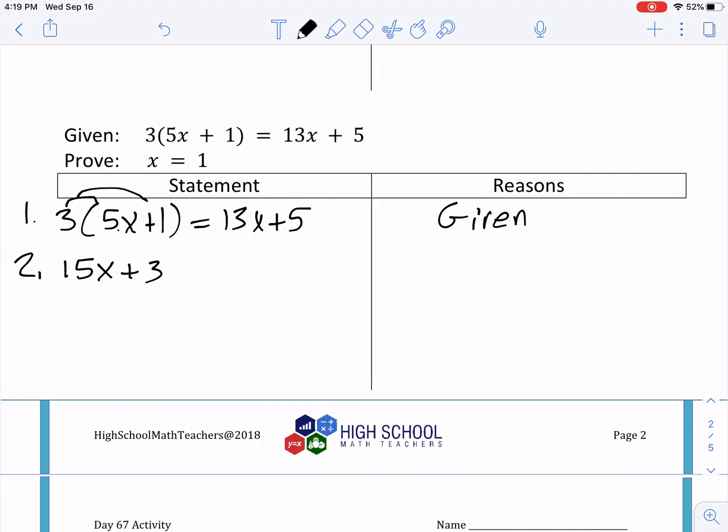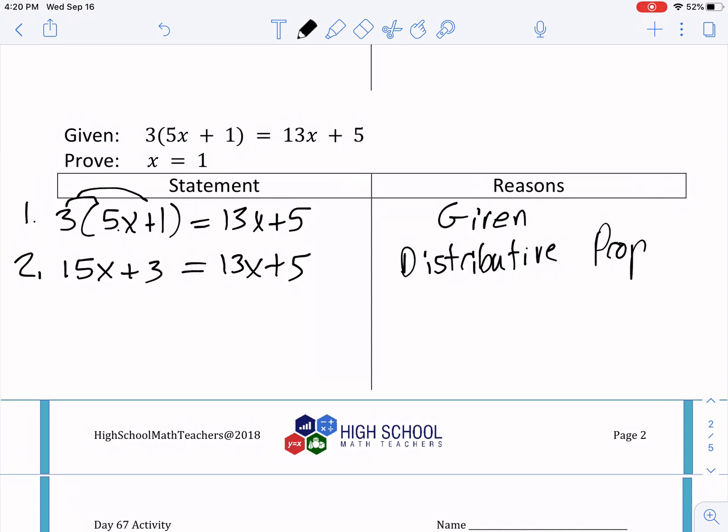So we get 15x plus 3 is equal to 13x plus 5. Make sure you're taking this one step at a time. So all we've done so far is apply the distributive property. Well, that in fact is our first reason after the given. What allows us to go from step number 1 to step number 2? We applied the distributive property.